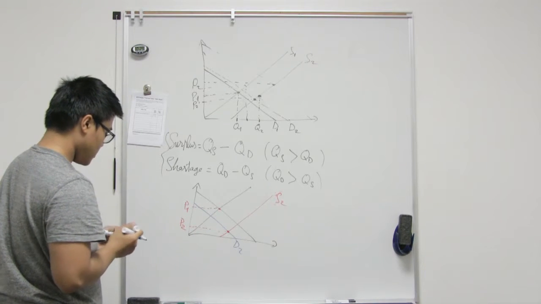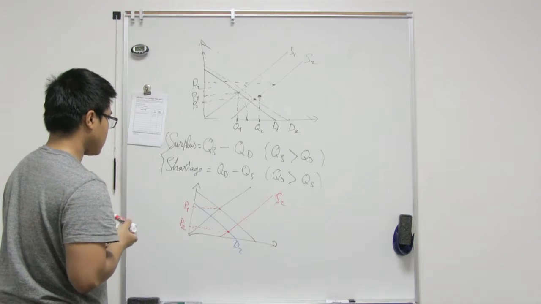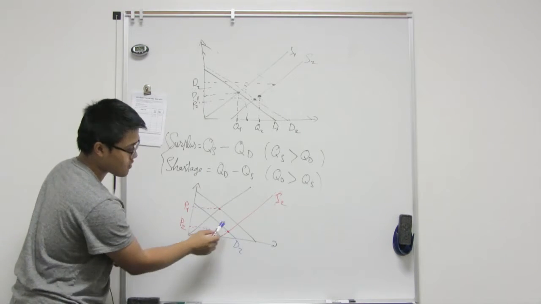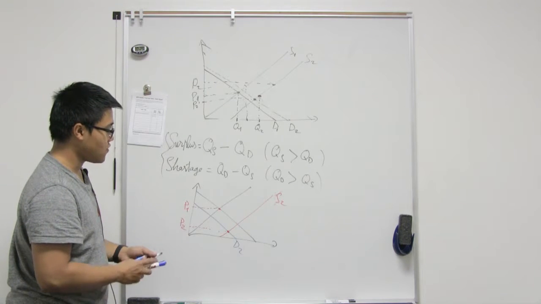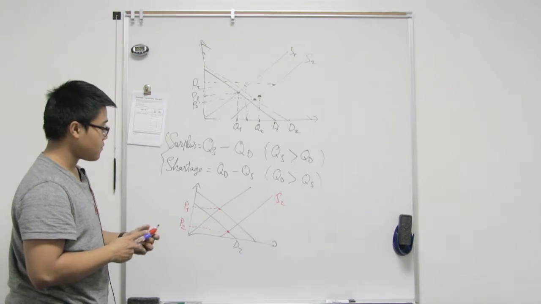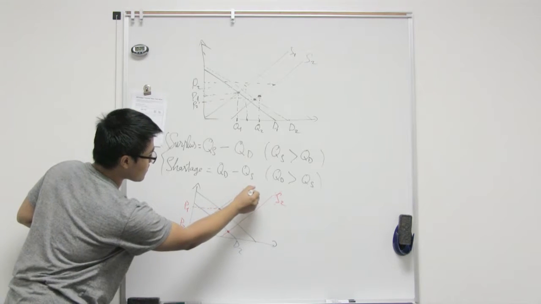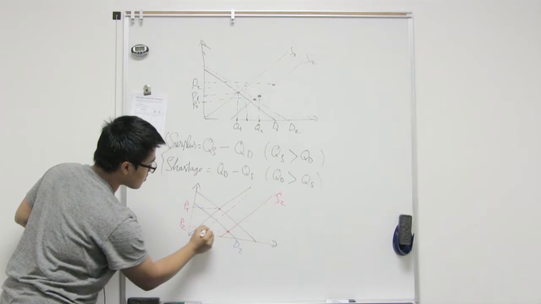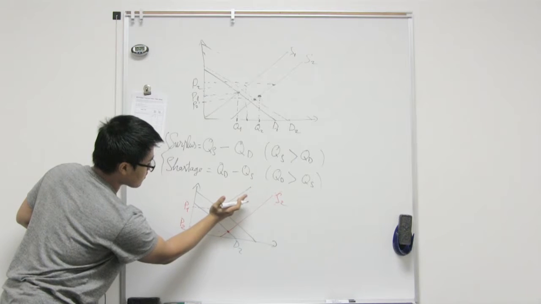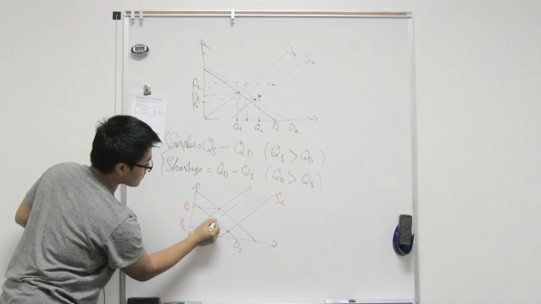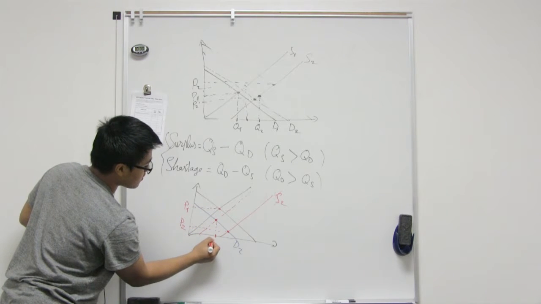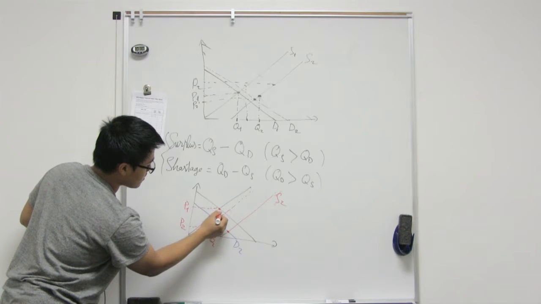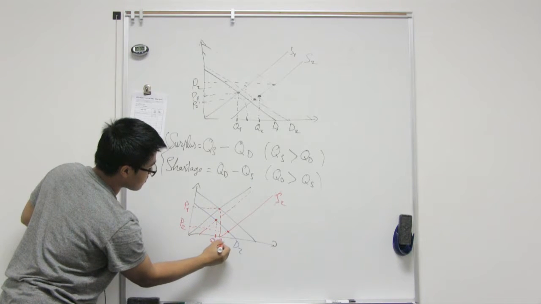But the quantity depends on how much the curves shift. If the supply curve just shifts a little bit over here, from here to there, then this will be the new equilibrium, and this will be quantity 2, and that will be quantity 1.